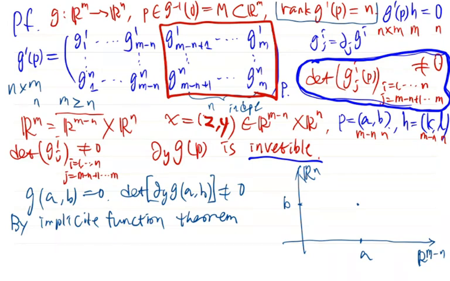So this point (A, B) is a zero point of G. So by the implicit function theorem, we can find a small neighborhood of A, and a map defined in the neighborhood of A to Rn.